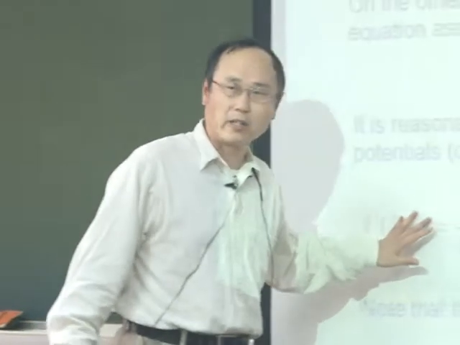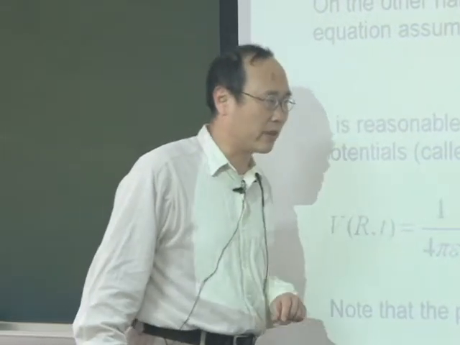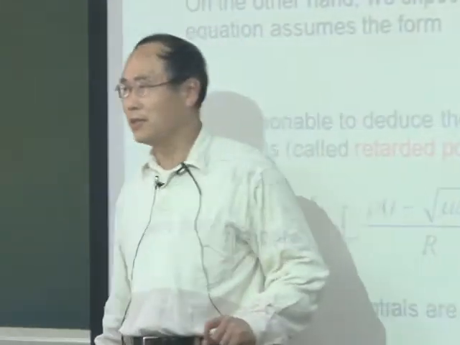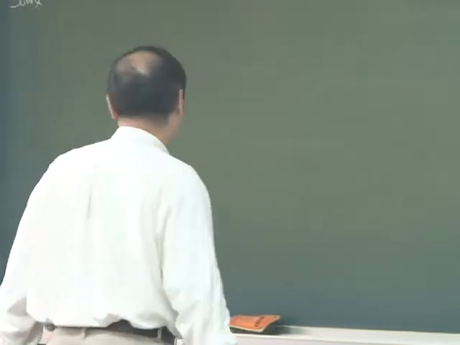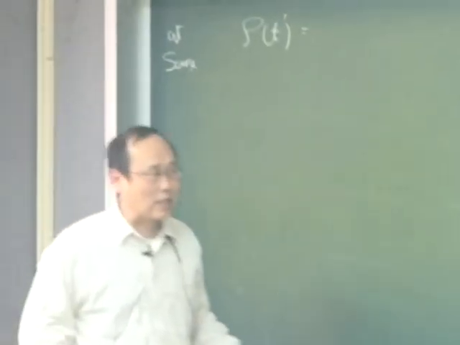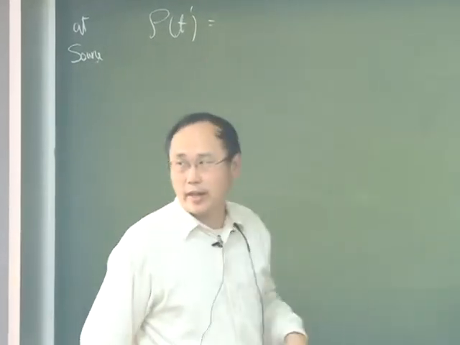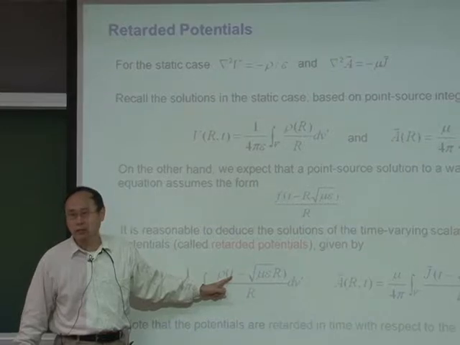The retarded potential, scalar potential and vector potential, these two kinds of potentials. I want to go through this one more time for the harmonic field. So let's assume that the time at the source and at the field location are different.